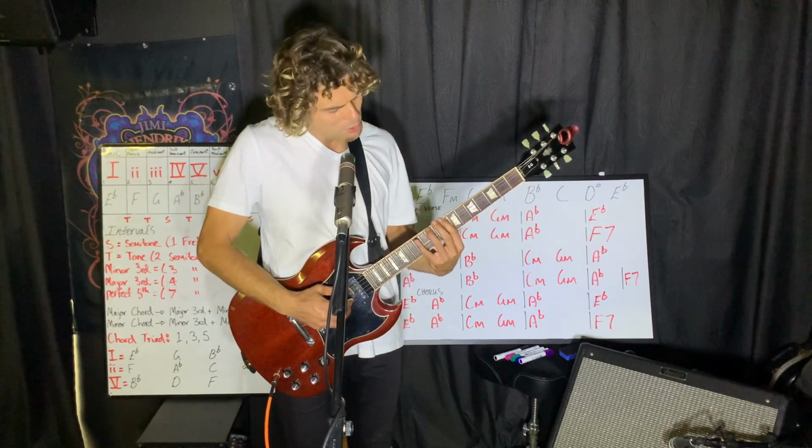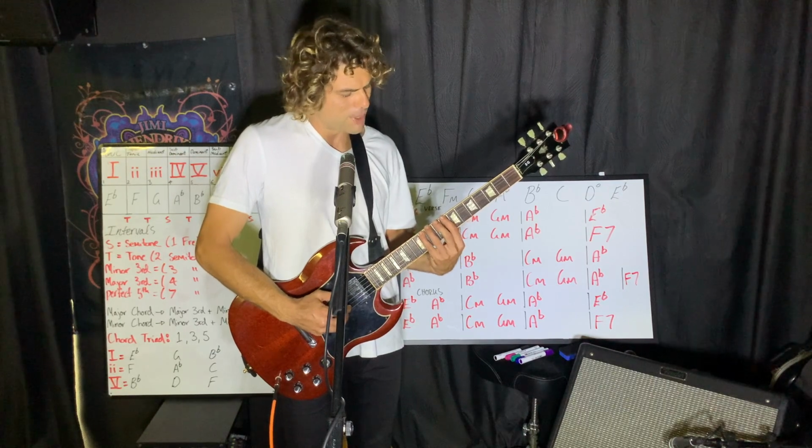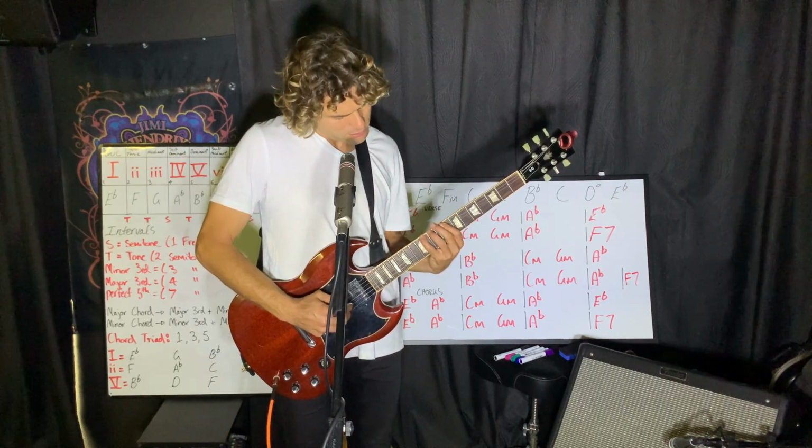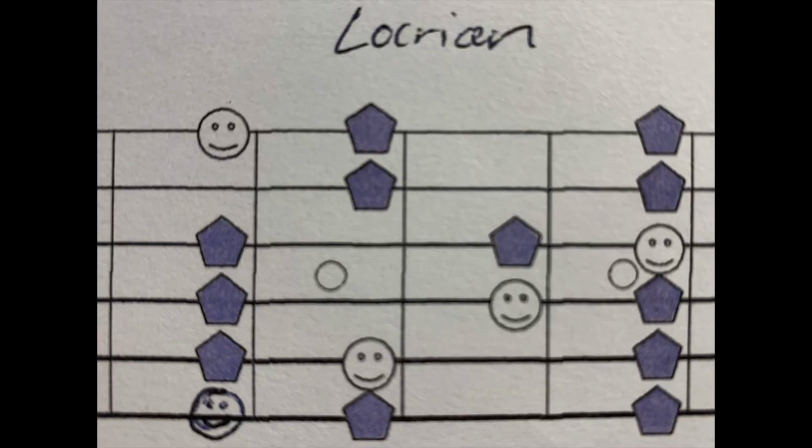Now there's one right next to it we can use. Basically we move up here to the 10th fret, we can then play the Locrian mode. Here it is, off the D note, D Locrian.